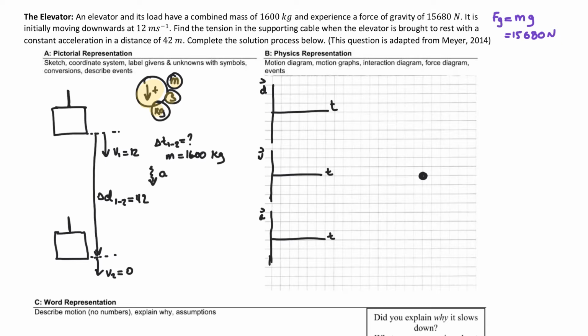So in terms of our velocity, let's start with velocity. We start at 12 meters per second. Directions are in the same direction, so it's positive. And we end up at position 2 with a velocity of 0. So connect these. This is 1, this is 2.